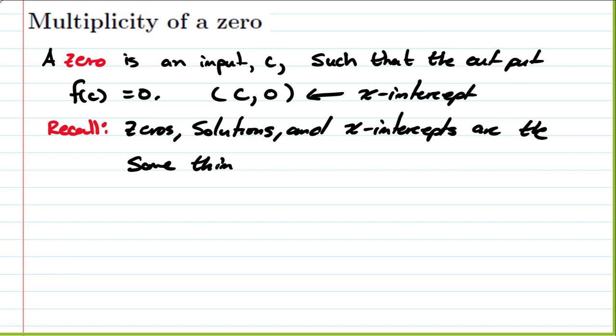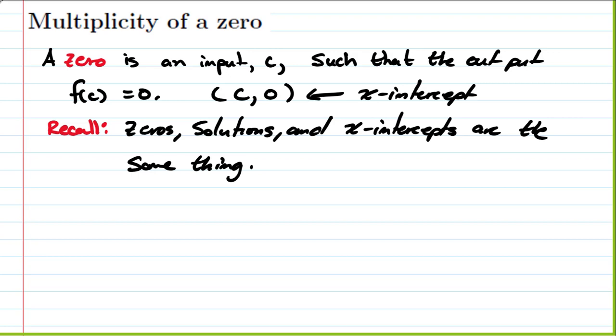So that's just a reminder of our definition of what it means to be a 0. So a 0 is an input that when we put it into the function, 0 comes out. On a graph, it's the same as the x-intercept. In terms of an equation, it would be the solution to said equation.